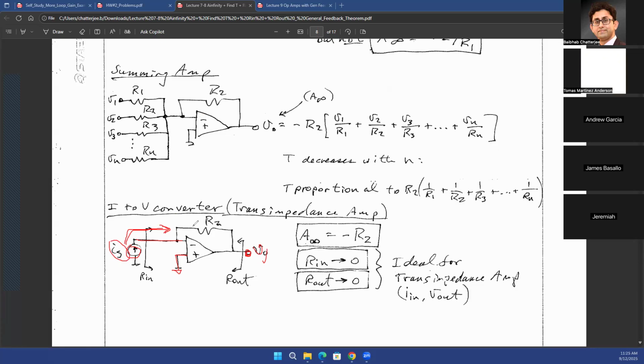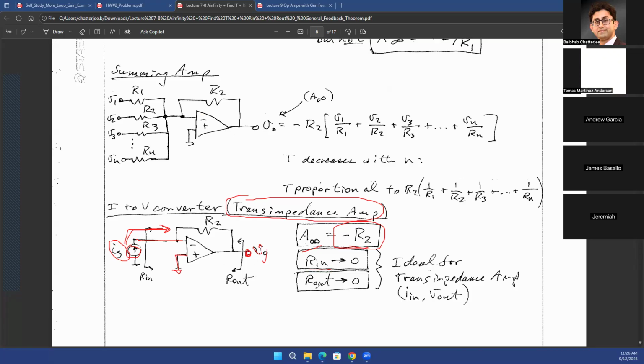The gain is voltage over current, so that is an impedance. So this is going to be called a trans-impedance amplifier. Your transfer function is an impedance because your output is a voltage and input is a current. Again, assuming ideal op-amp considerations, you can find out your A infinity, and A infinity is going to be minus R2 in this case.